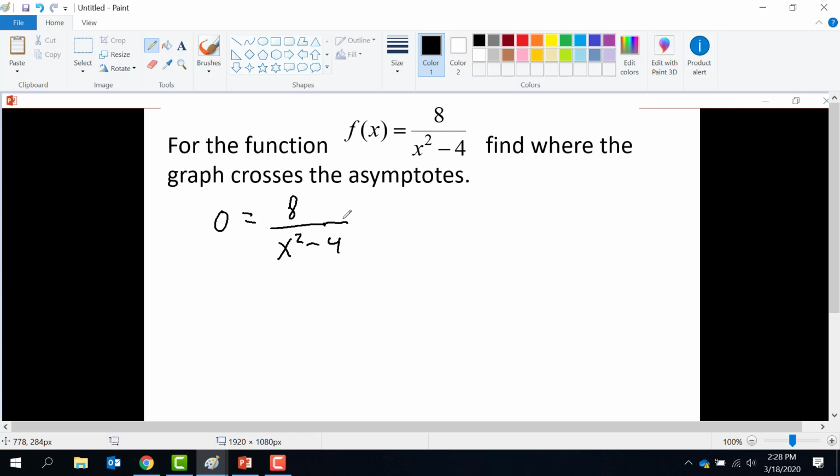Because the horizontal asymptote is the x-axis, and we've already decided this does not have any x-intercepts, then this graph does not cross the horizontal asymptote. So the graph does not cross the horizontal asymptote.